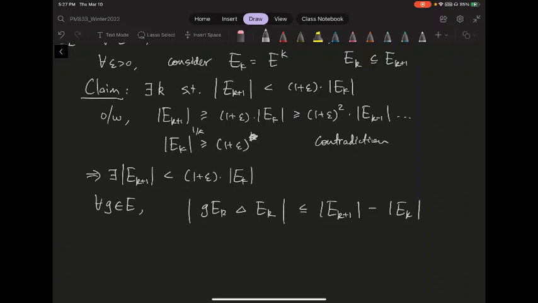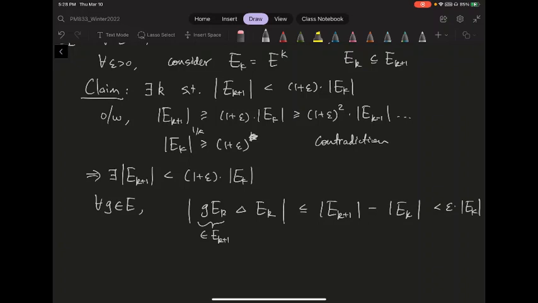This is really because g E_k is inside E_{k+1}, so if your x is not in E_k, then it has to be inside the difference between E_{k+1} and E_k. And this whole thing is going to be less than epsilon times E_k, if I move one copy of E_k to the left. So basically now I have this kind of fullness condition for these E_k.